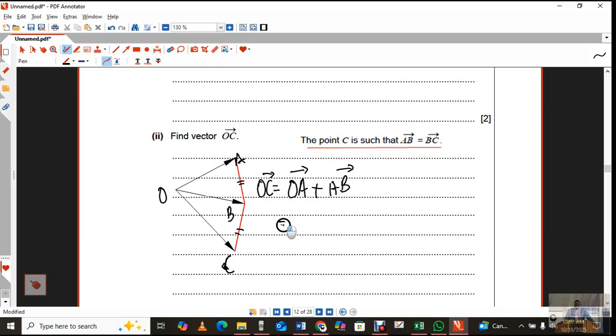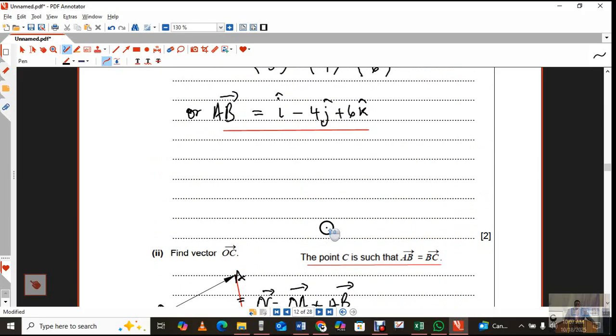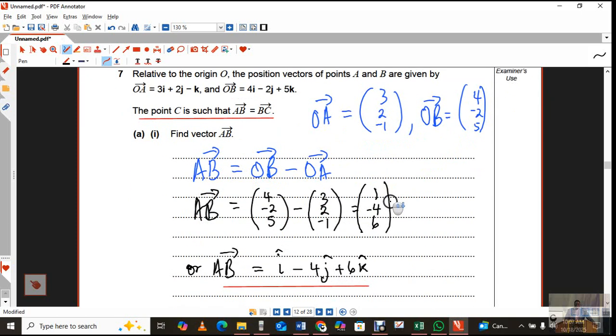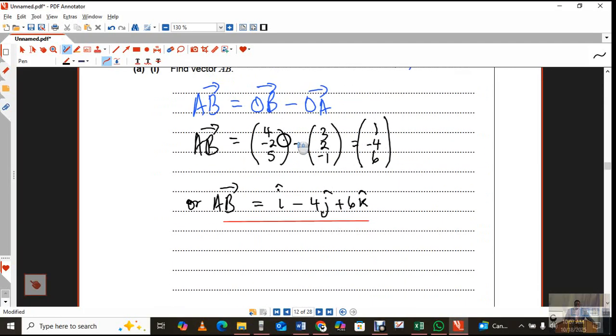From our work in the previous one, we know what AB is, and OA is 3, 2, and -1. Let me just use column vectors, it doesn't really matter. 3, 2, -1, that is OA.